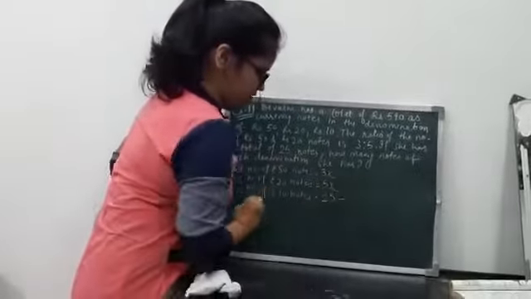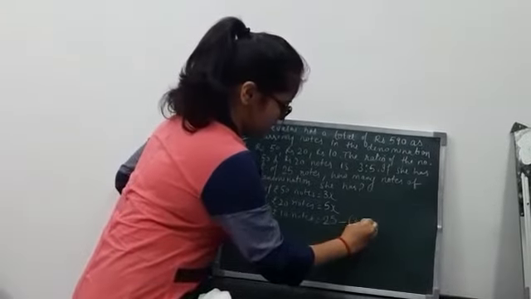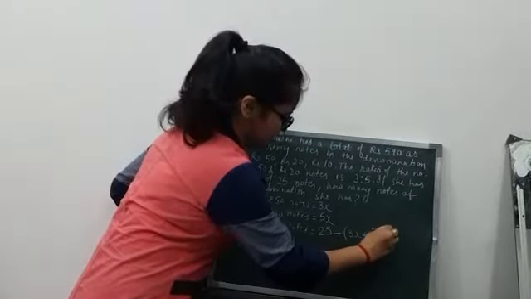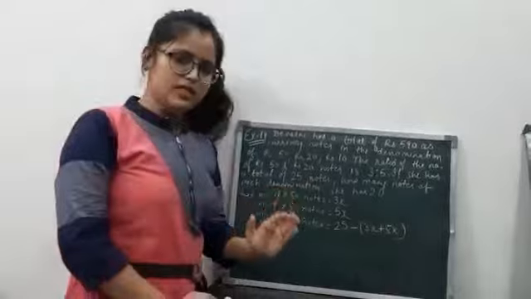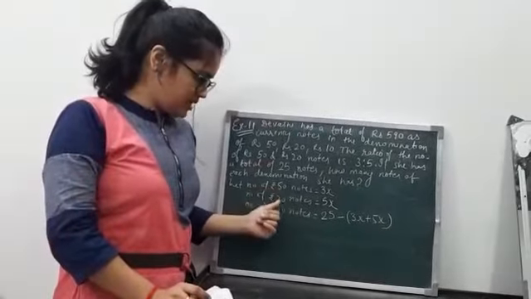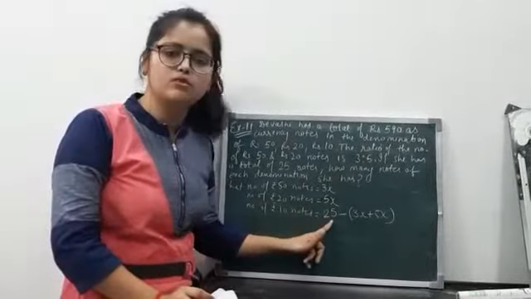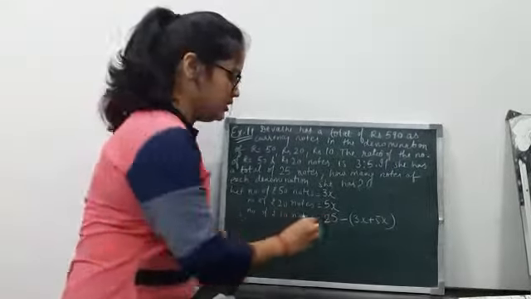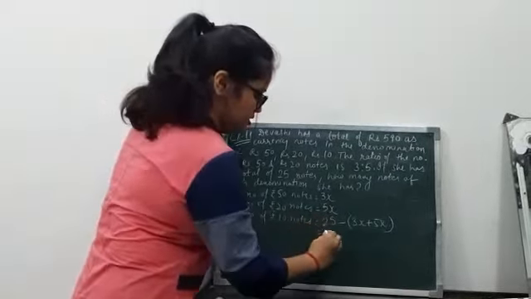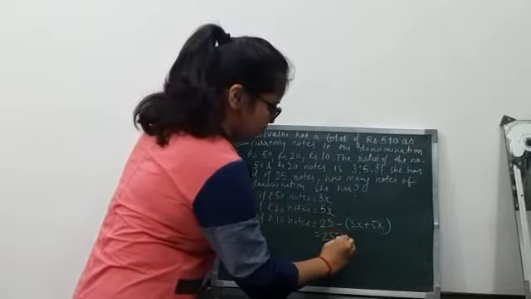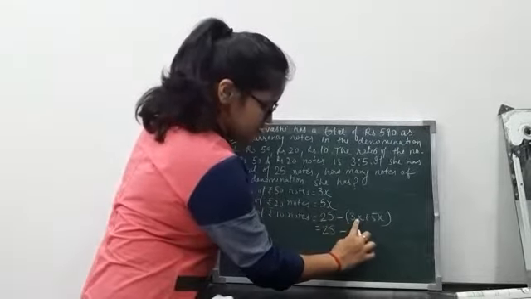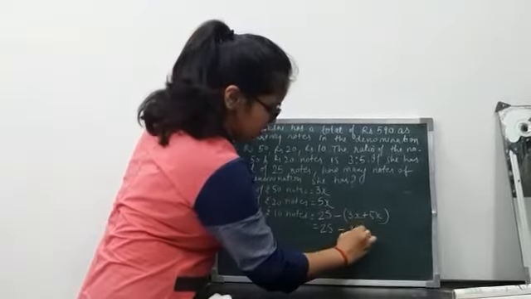That means 25 minus (3x plus 5x). If I subtract the total number of 50 and 20 rupee notes from the total number of notes, the remaining notes will be of 10 rupees. 25 minus (3x plus 5x) is 25 minus 8x.